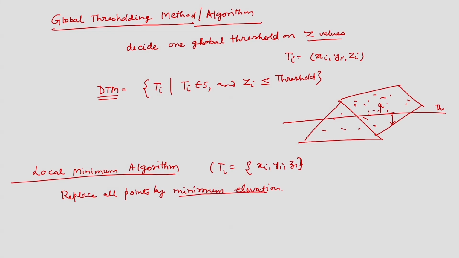So, how to find this minimum elevation? First define the neighborhood. Let us see that the neighborhood is point Ti given location Tj. All these points are LIDAR tuples.